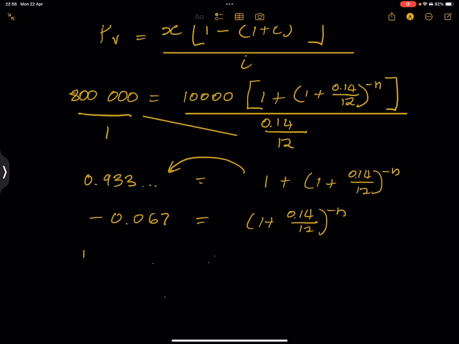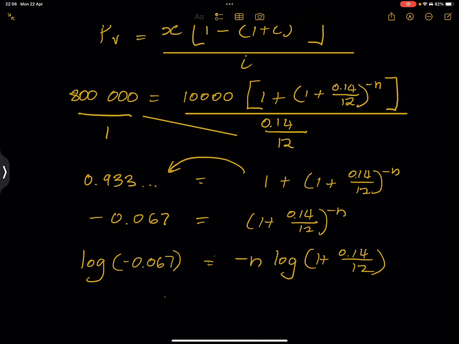So that would be the log of that number there, 0.67, which is minus n, the log of this entire expression, over 12.